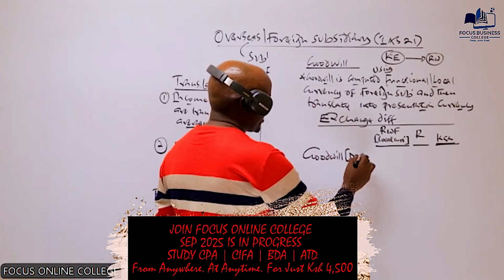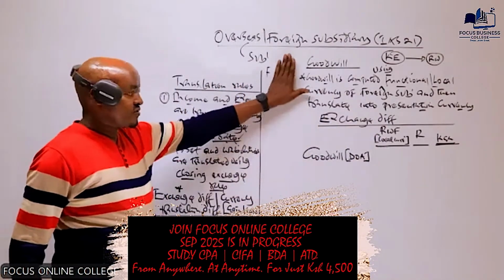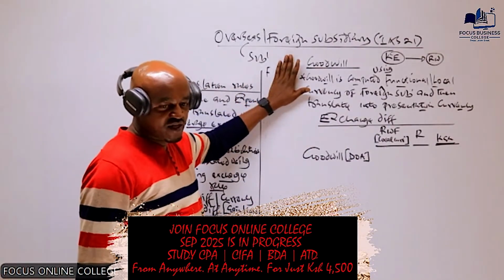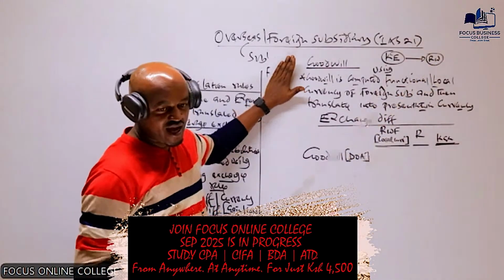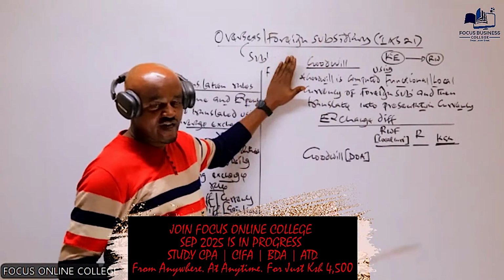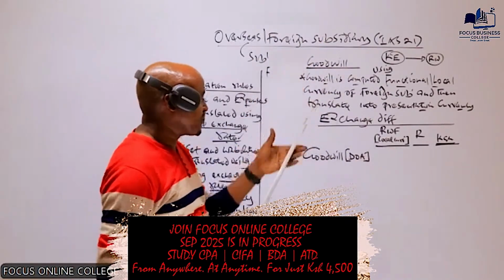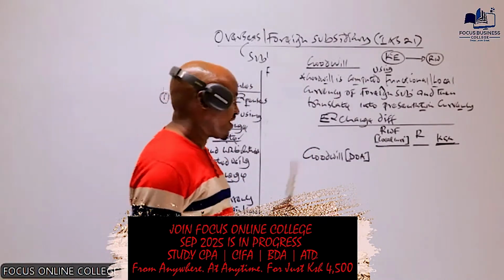The goodwill at the date of acquisition. In all these questions on foreign subsidiaries, the subsidiary is always acquired at the start of the current year. So what we do is compute this goodwill on the date of acquisition, which is always at the start of the current year.